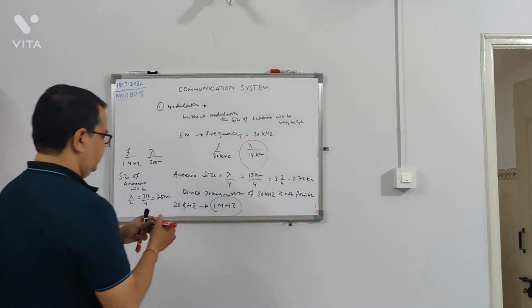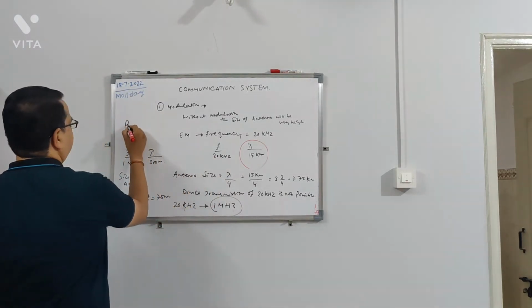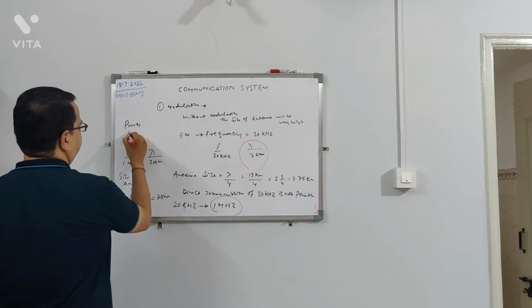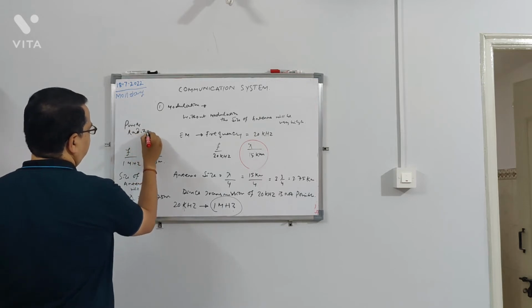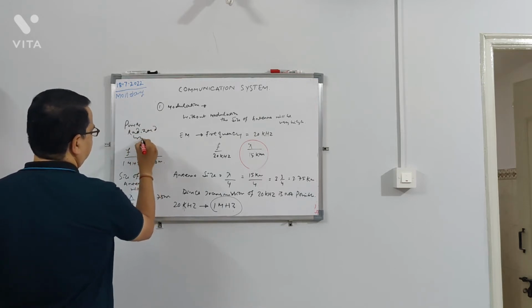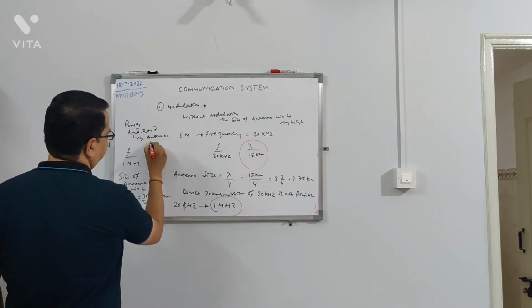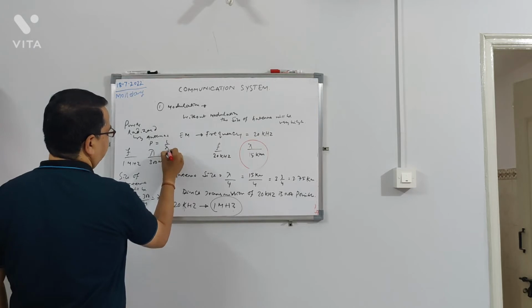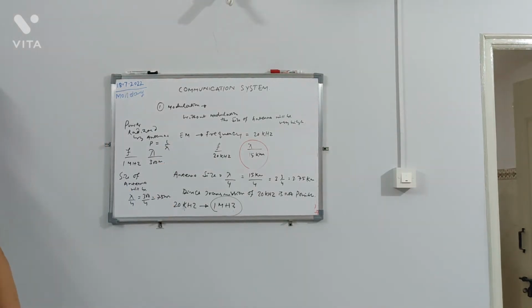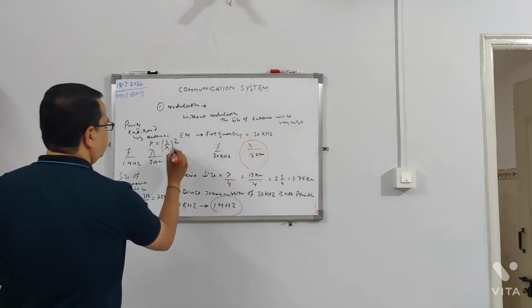So the power radiated by the antenna is P equal to (L by lambda) square. Just remember this, okay.